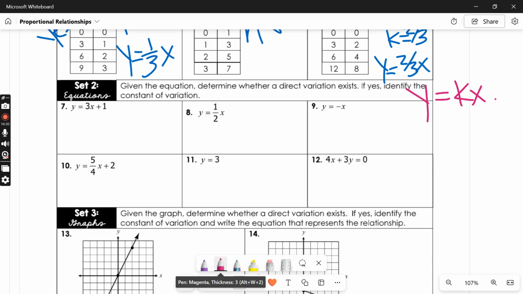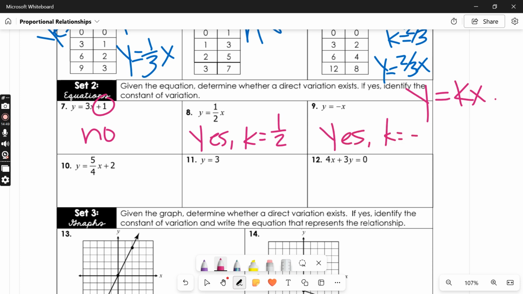So number 7, it says determine, if yes, identify the constant of variation. Is number 7 direct variation? No, because it says 3x plus 1. Number 8, we would say yes, and k is that 1/2. Number 9, we would say yes, and k is negative 1.